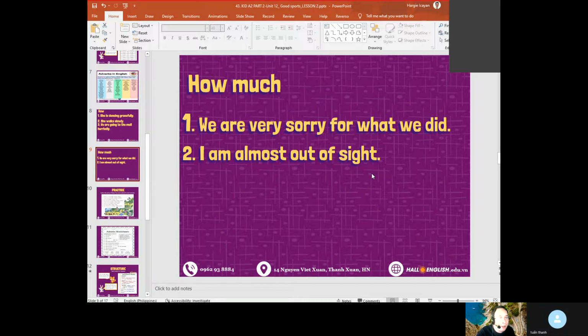What is our adverb? Here it answers the question how much. You are sorry for what you did: it's very, in here. How much out of sight you have? It's almost. So the adverb in here is almost. Did you get it now, B?